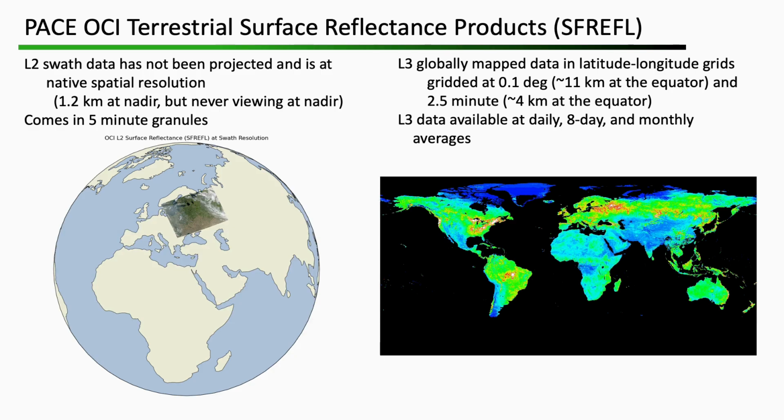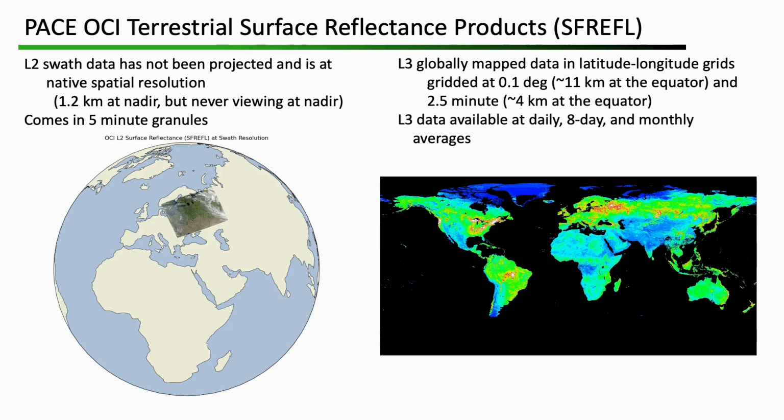It always tilts at 20 degrees because it's an ocean mission, to avoid glint. It also has a fairly wide swath of greater than plus or minus 50 degrees to get global coverage. The level 2 swath data comes in 5-minute granules, and the figure shows one 5-minute granule projected onto the Earth to give you a sense of the scale.